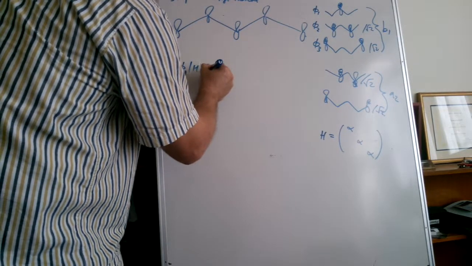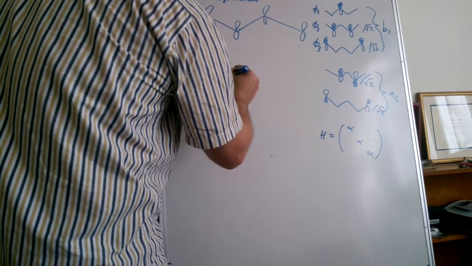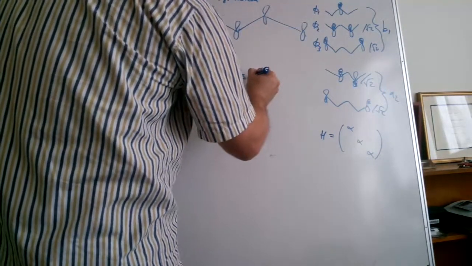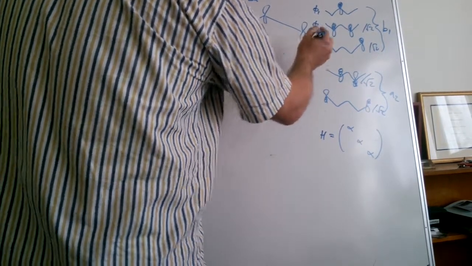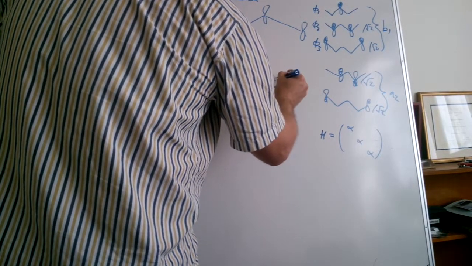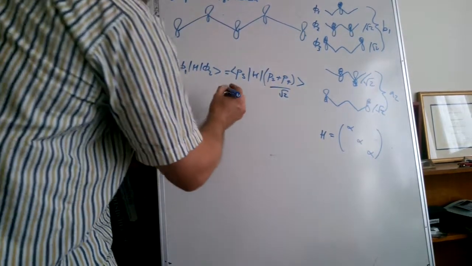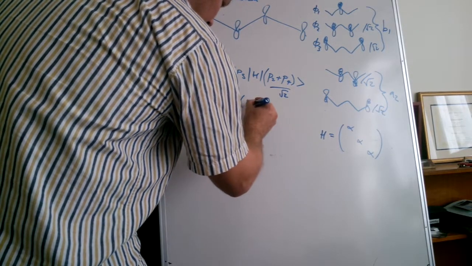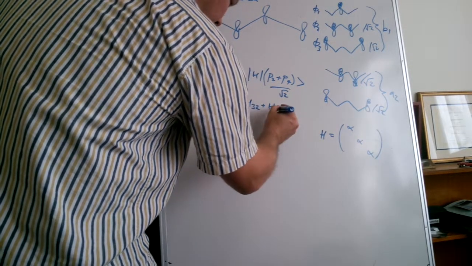Phi1, H, phi2 equals p3, H, and then let's do 2 and 4 over root 2: p2 plus p4 over root 2, which equals 1 over root 2 times H32 plus H34.